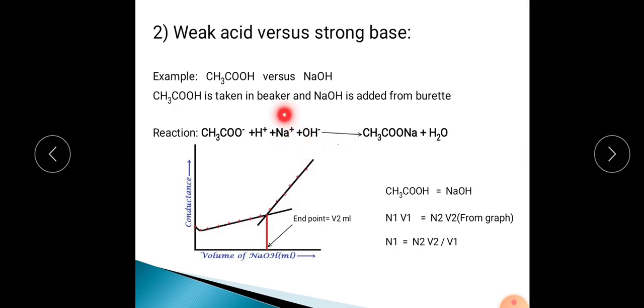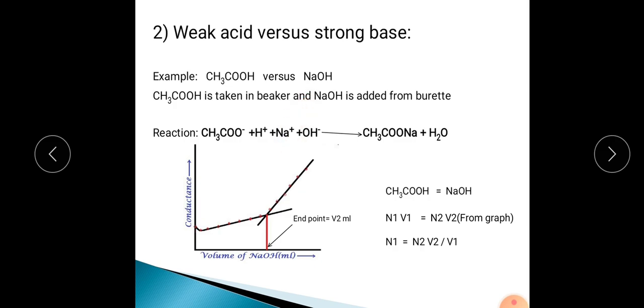When NaOH is added from the burette, the neutralization of acetic acid will start, and the products of neutralization will be sodium acetate and water. Now friends, here also H plus ions are replaced by Na plus. Smaller size ions are replaced by larger size.